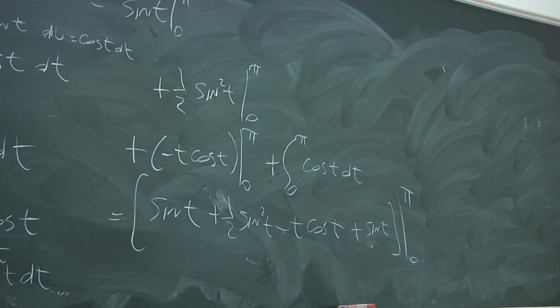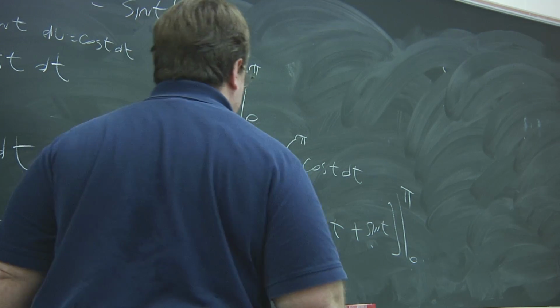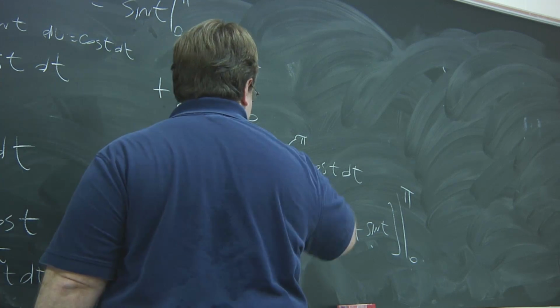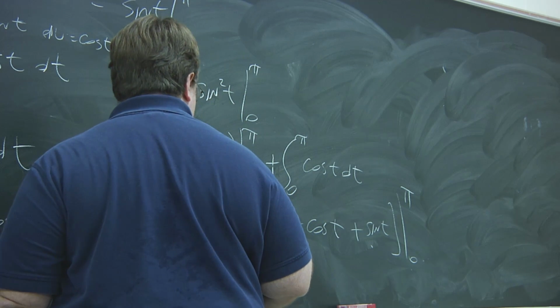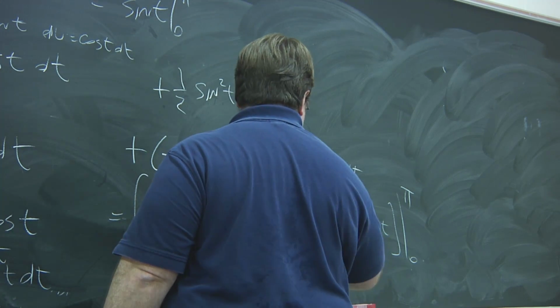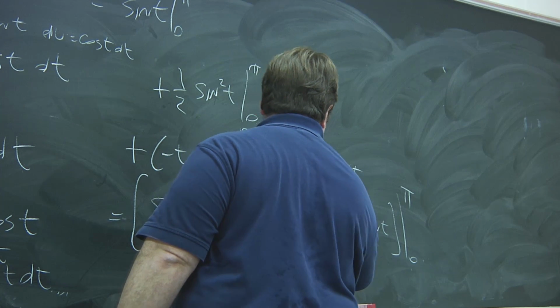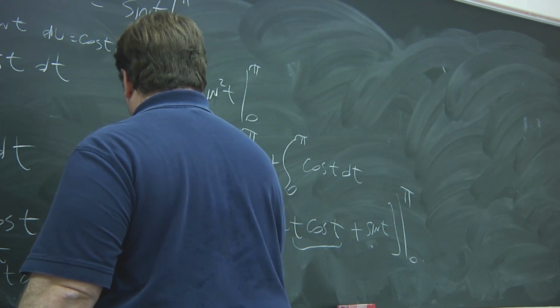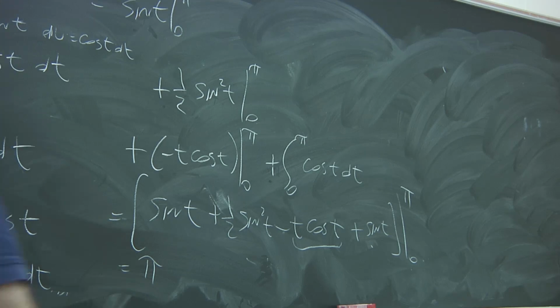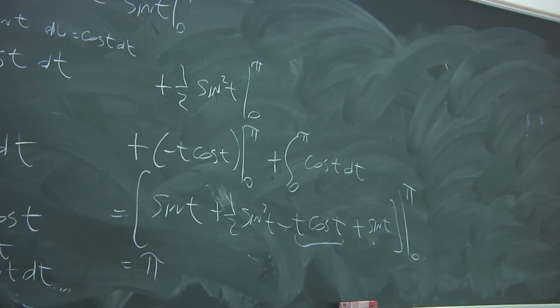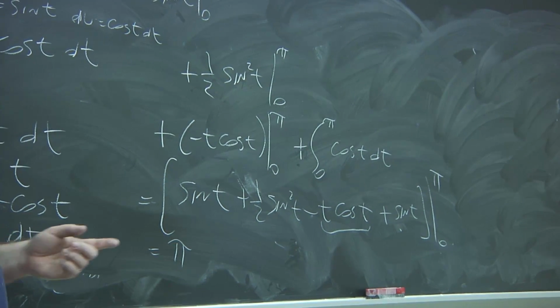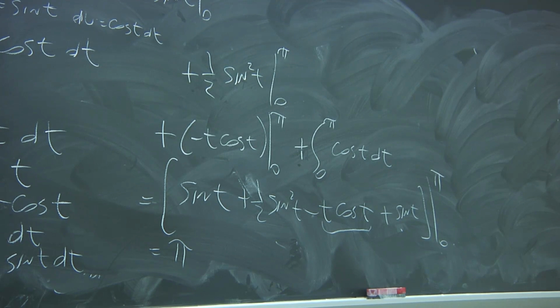So when you plug in your limits, 0 and pi, everything is 0 except when you plug in pi into this part, you get pi. Minus pi? No, because cosine of pi is minus 1. Okay, I see.